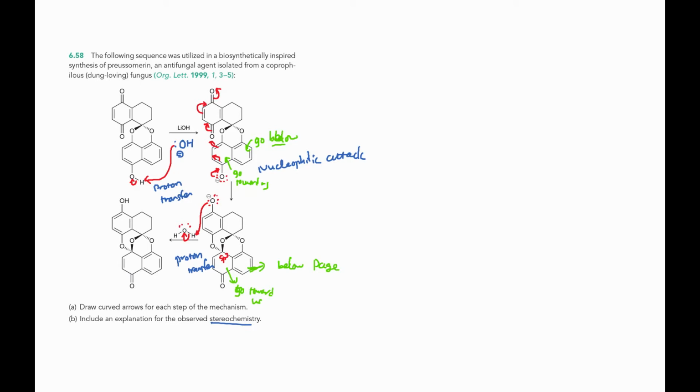Now if you still have a hard time seeing that, I can actually tilt the very first structure, like this way. Okay, I tilted it, and this is still on the page, and then I'm gonna have the double bond top and bottom.